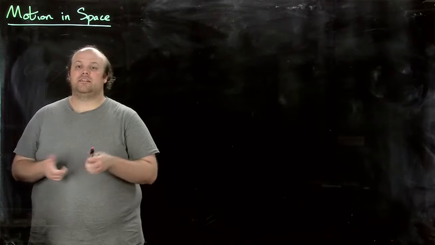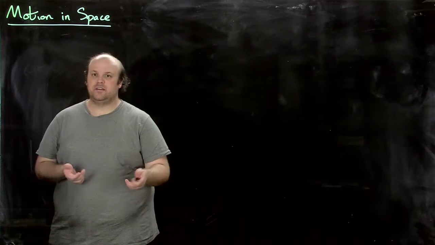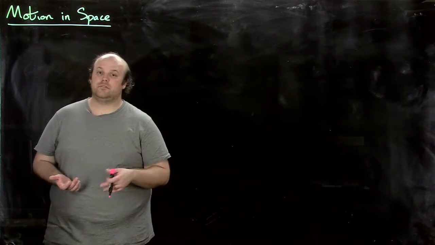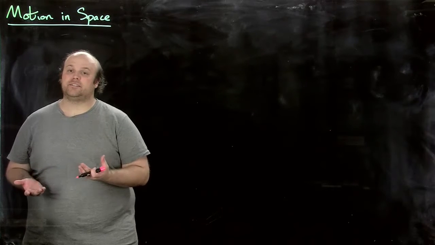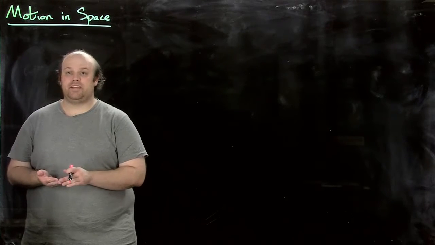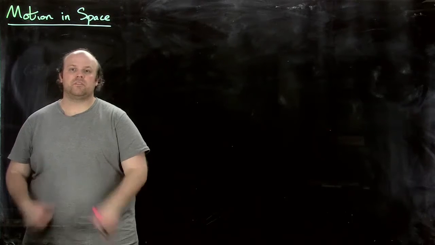So now let's think a little bit more about the motion of a particle in space, and let's relate it back to something we studied in the previous section, which was the Frenet frame, or the TNB frame, with the unit tangent, unit normal, and unit binormal.